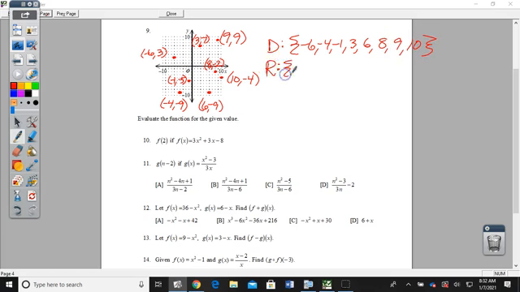My range, we started down here at negative 9, went up to negative 5, negative 4, negative 2, 3, 7, and 9. Notice, did I make them match up? No, you don't have to. I just went from left to right and bottom to top. If you write them in a different order, that's okay too.